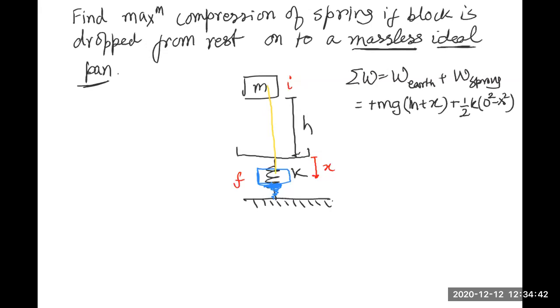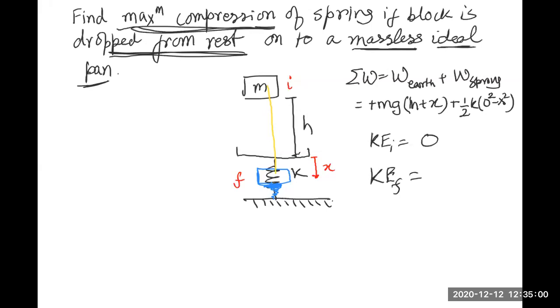इनिशियल काइनेटिक एनर्जी ब्लॉक की क्या है? ड्रॉप फ्रॉम रेस्ट 0. फाइनल काइनेटिक एनर्जी ब्लॉक की क्या होनी चाहिए? मैक्सिमम कंप्रेशन 0. Right, you get to see.